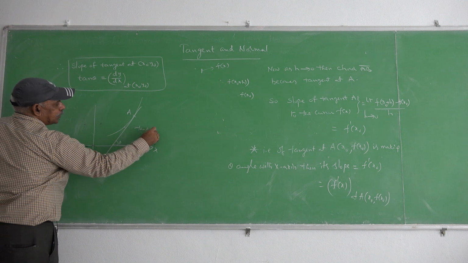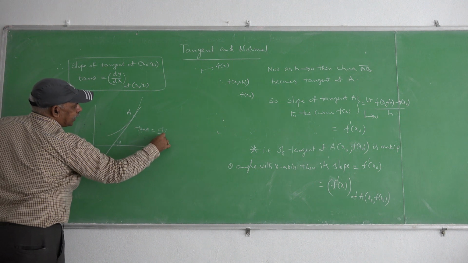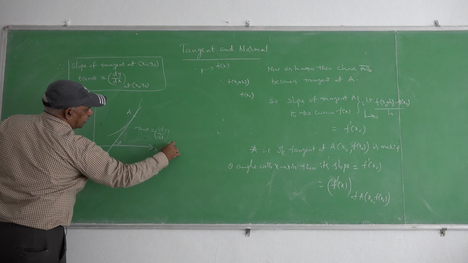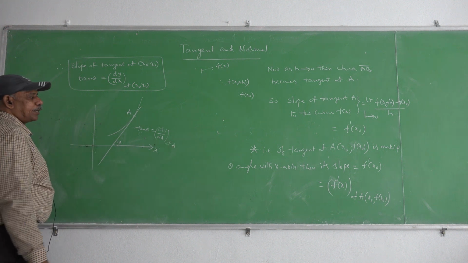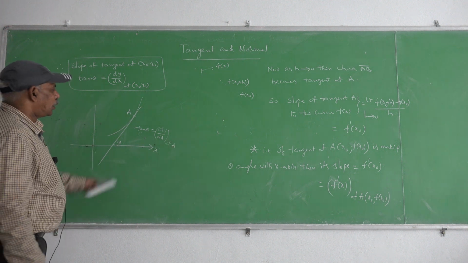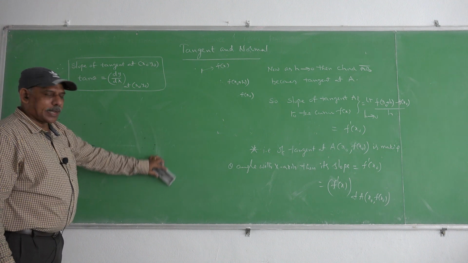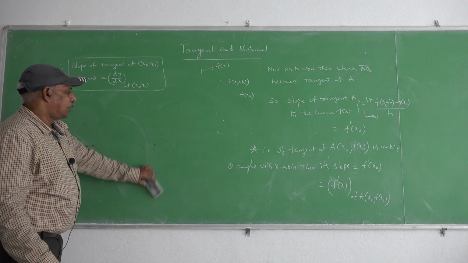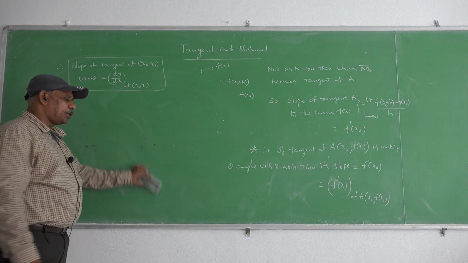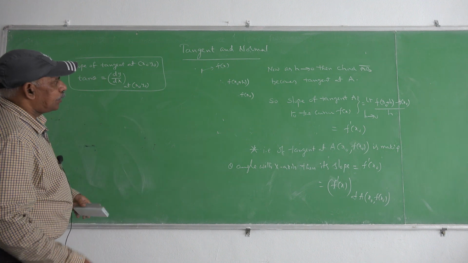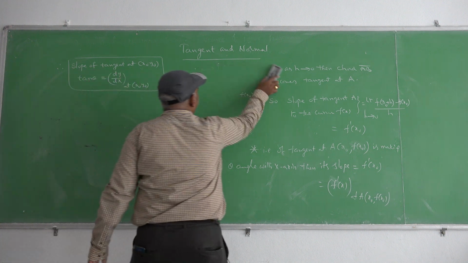Here tan theta is dy by dx at the point A. The derivative at that point gives us the slope of the tangent, which may be represented by tan theta or m. Since the slope is denoted by m, you can denote it by m itself.